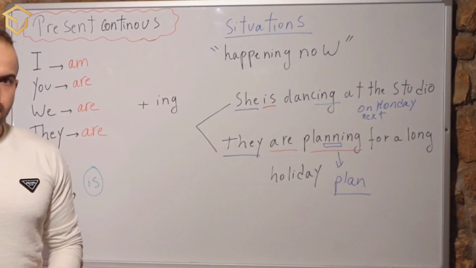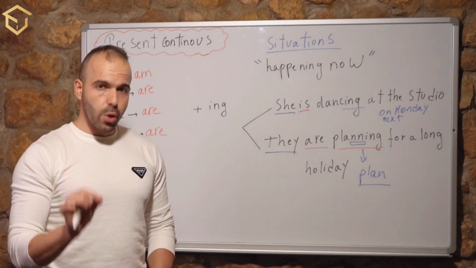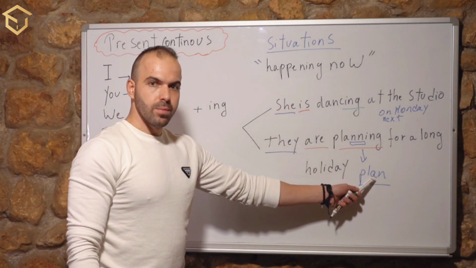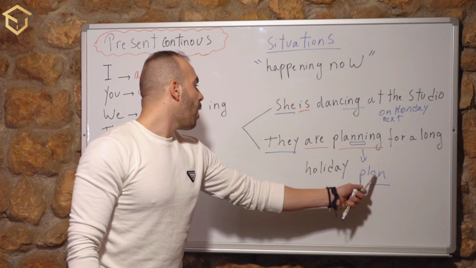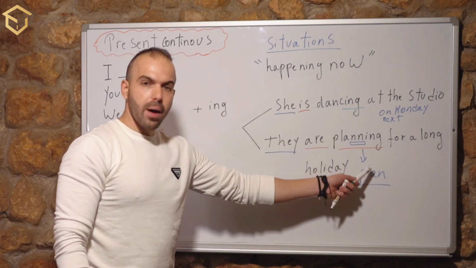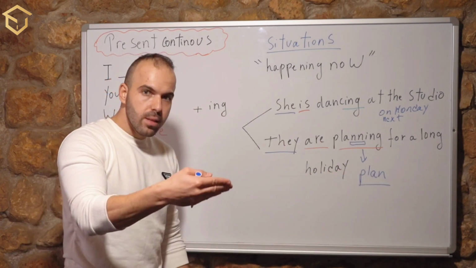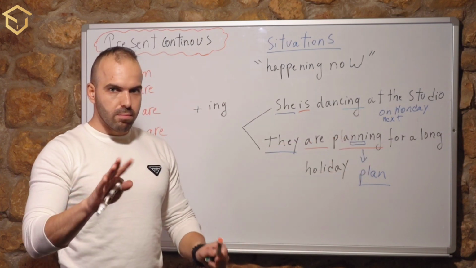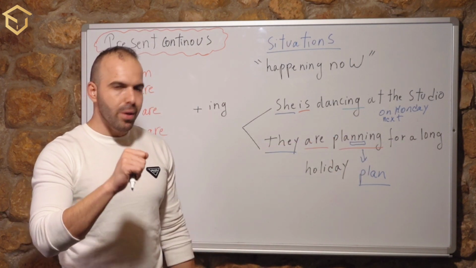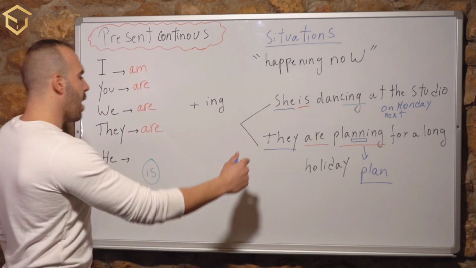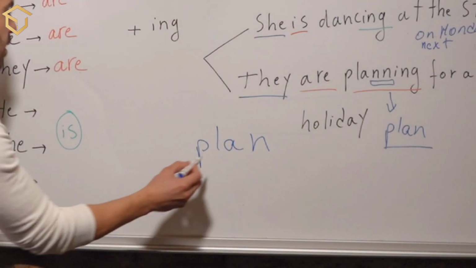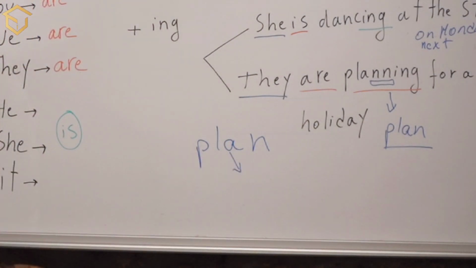Why is that? Okay, listen to this very well. When you have a vowel before the last letter, then you will have to add a double letter at the end. Does it make sense? Maybe not. Okay, I'm going to explain again. So we have this verb here, plan. I'm going to write it here. As you can see, that's a vowel. What is a vowel?